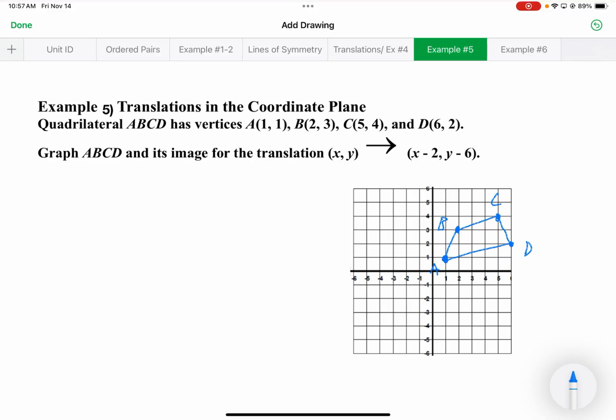All right, so I'm moving it according to the rule x minus 2, y minus 6. You guys tell me which directions, plural, are we moving? And by how much? You said what, Ryan? Down and to the left. How far am I going to go to the left?